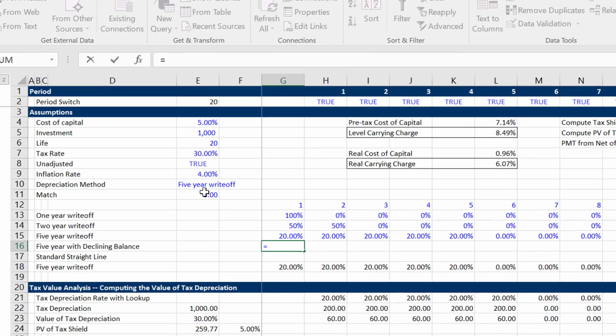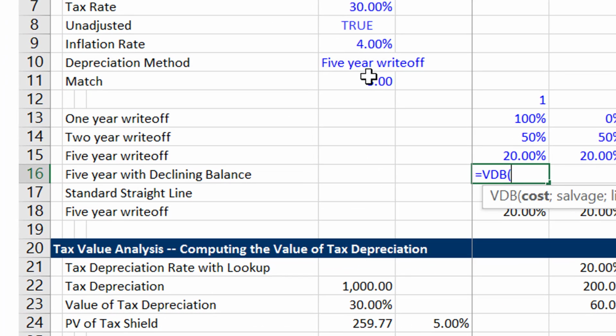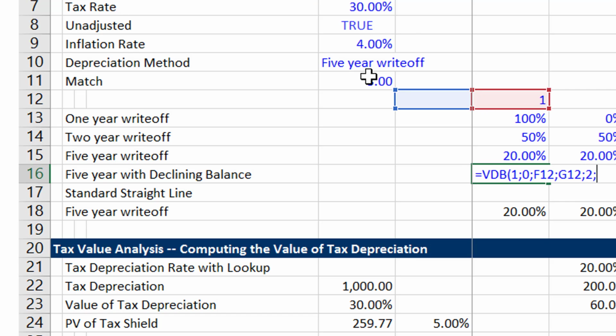So put equal VDB, and you put 1 for the cost, 0 for the life. You have to start with the period just before, and then take this period after that. And then you put in, let's put a 2 times factor.